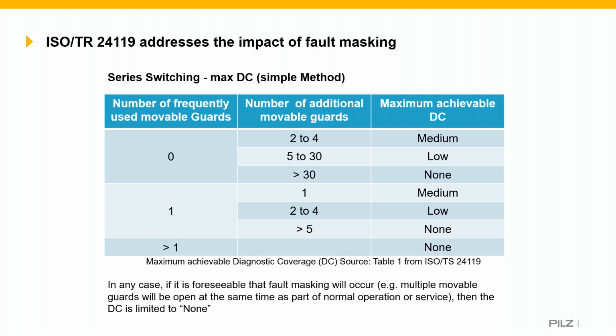By frequently, we mean it opens at least every hour, but as soon as you have 2 switches in series, then the maximum diagnostics coverage you can achieve is medium. But in any case, if multiple movable guards will be opened at the same time as part of a normal operation, or say service, which could be to clean the machine at the end of a production run, then it's foreseeable that fault masking will occur and the diagnostics coverage is limited to none.